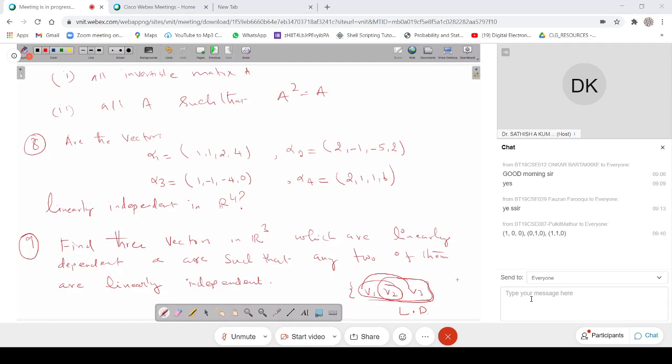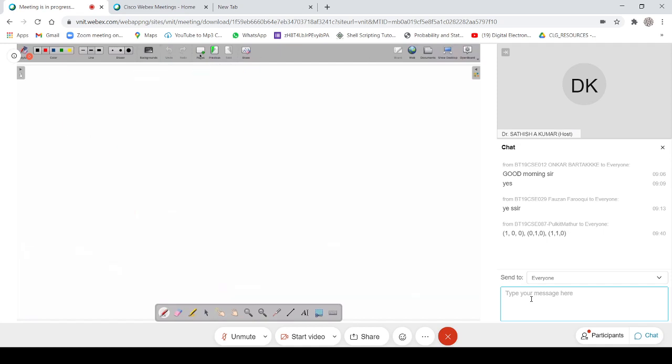One more problem we'll give. We'll give some problems based on your matrix approach also, you can just try that. This is problem number 10.